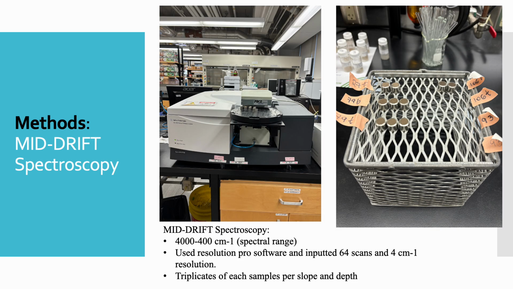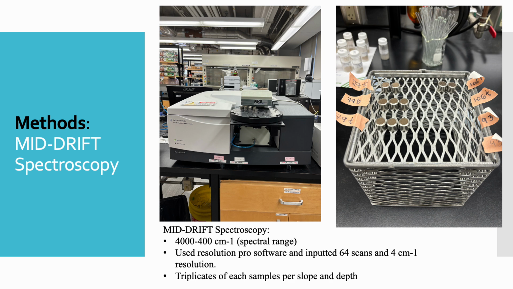In this study, mid-diffuse reflectance infrared Fourier transform, or mid-DRIFT spectroscopy, was used to run the soil samples with a spectral range of 4,000 to 400 cm-1. Bulk soil samples were used to assess the carbon stability.